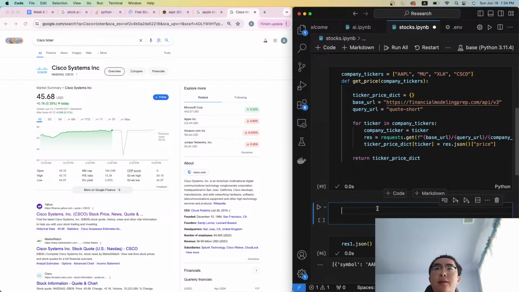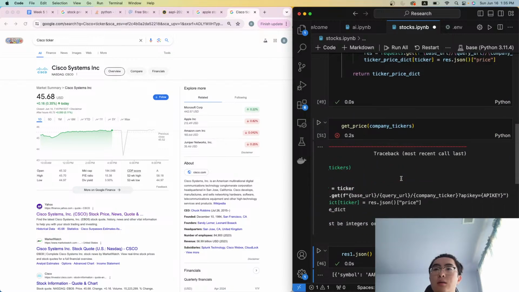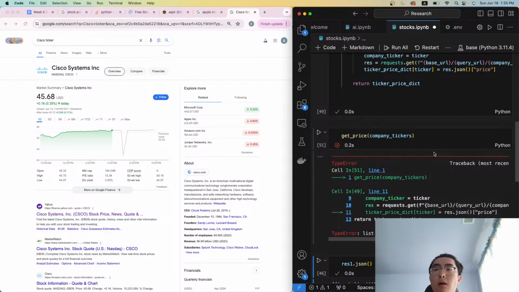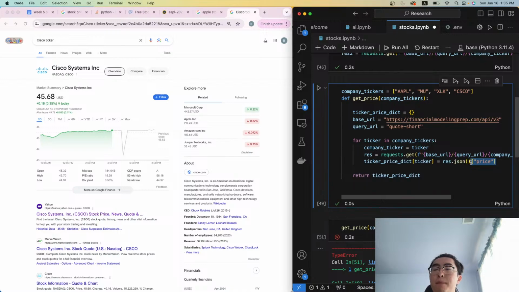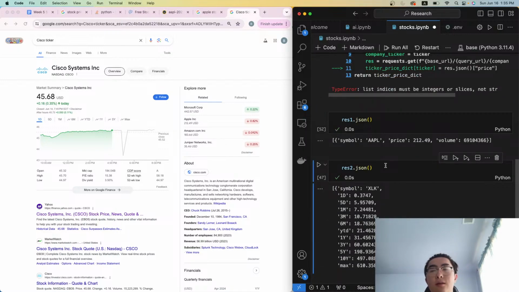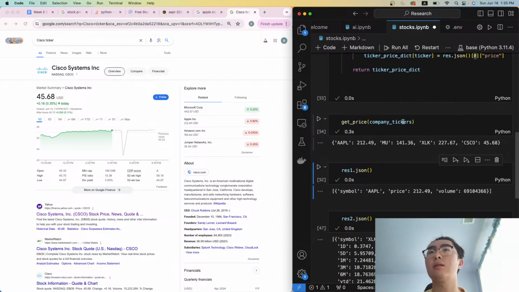Okay, and then let's do get price company tickers. Okay, maybe I'm confused then, right? Oh, okay. I think we do have to index this by 0 then.